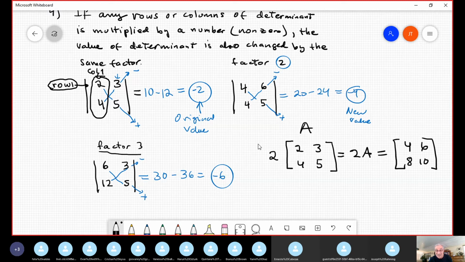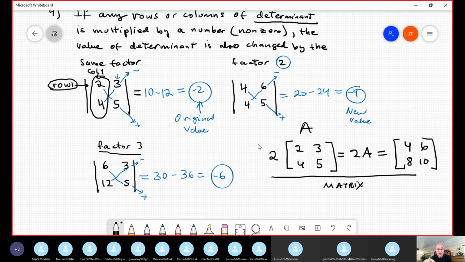Then you multiply every entry by the factor. But it's a multiplication of a matrix. The property we study now is different. It's determinant. It's another completely different word. It's another mathematical object. So you multiply only one row, only one column arbitrary, and the value of the determinant is multiplied by the factor.